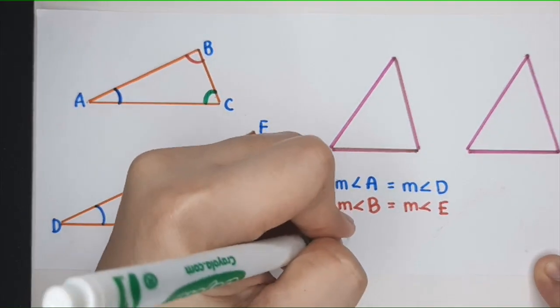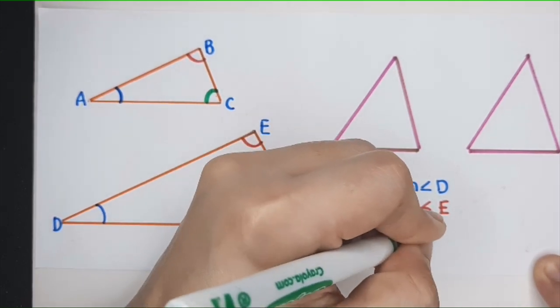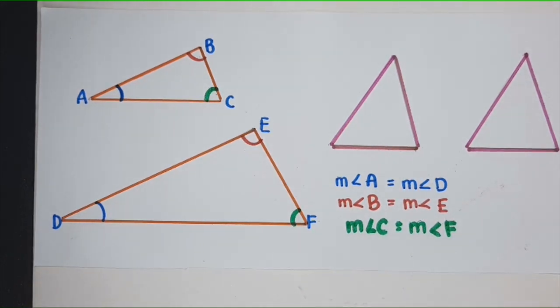So, the measure of angle C is equal to the measure of angle F. So, what about the sides of similar triangles? Ang sides naman ng similar triangles are not necessarily congruent.